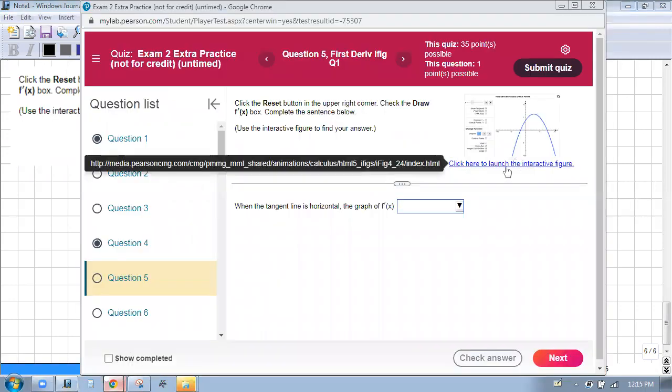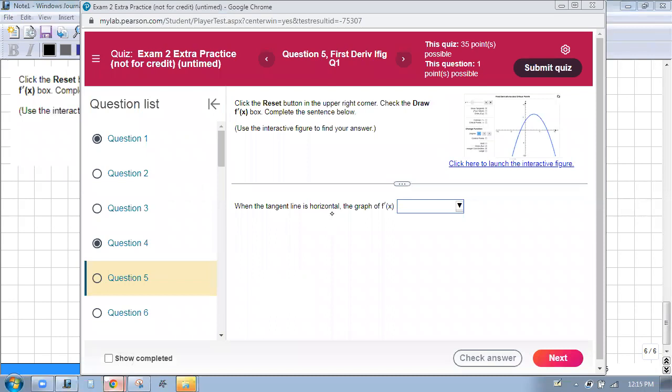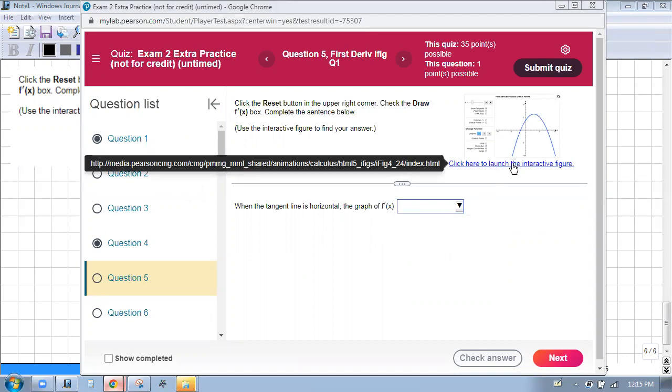When the tangent line is horizontal, the graph of f prime intersects the x-axis or the y-axis. Number 7 next. So what do they want us to do?